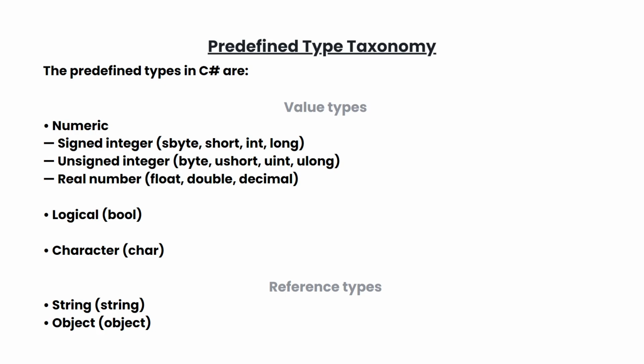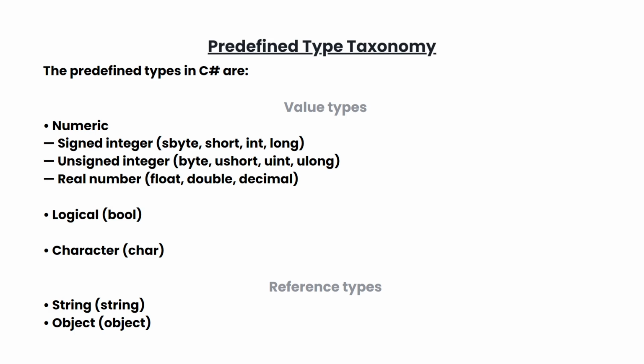Predefined type taxonomy. The predefined type taxonomy includes the data types which are being used in the C# language. First of all, we will discuss the value types. In the value types, there are three types: numeric, logical, and character.